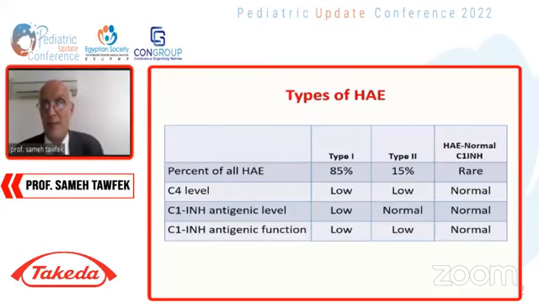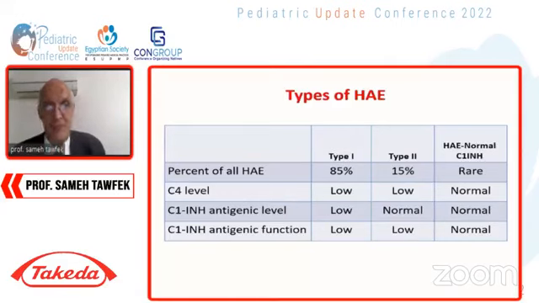We have type 1, type 2, type 3. Type 1, which is the most common, represents 85%. And type 2, 15%. And the other one, we can maybe call it type 3, rare. In type 1 and type 2, C4 is low.